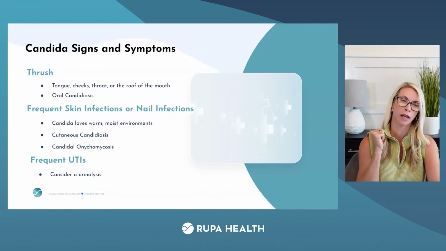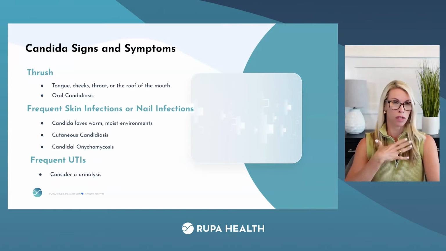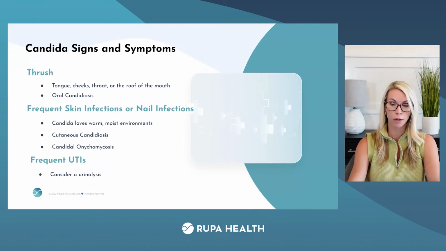So think things like armpits, groin, even under the breast. You can also see it sometimes on the torso, and that's just called cutaneous candidiasis. And then if you see that in the nails, that's called candidal onychomycosis. And so that's just, again, when Candida infects the nail bed.